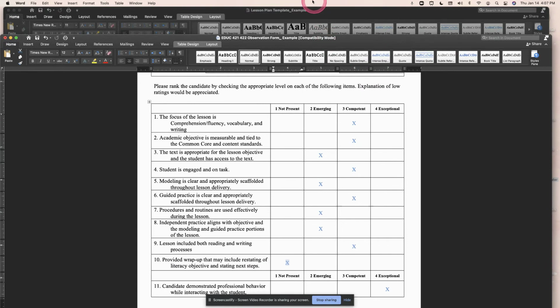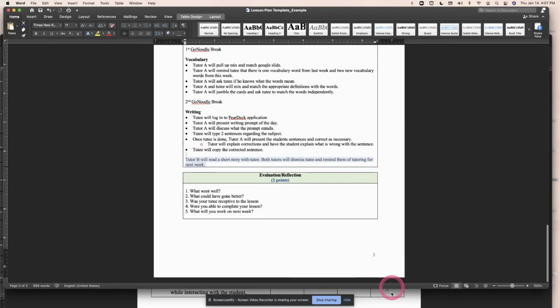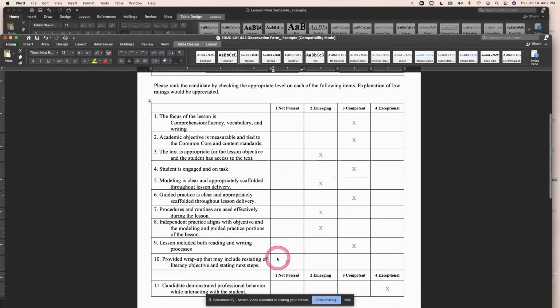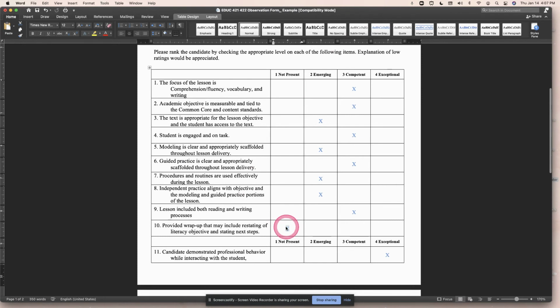You'll notice right here, I didn't put a wrap up. So I have to be very honest and candid with that and say, there was no wrap up and there was no restating of literacy objectives. So these are important tidbits to remember.